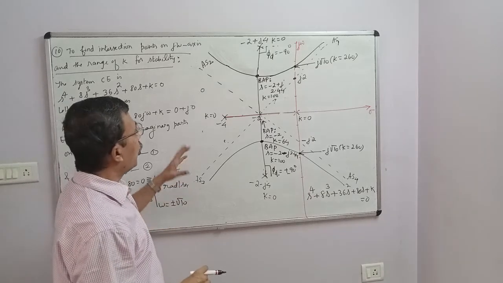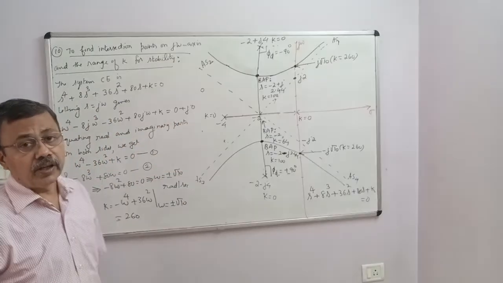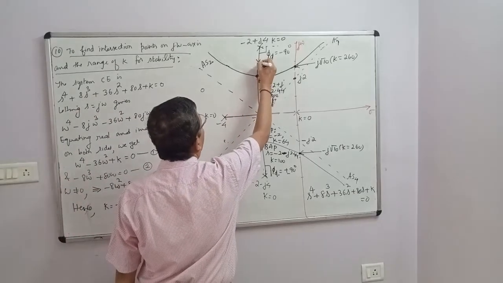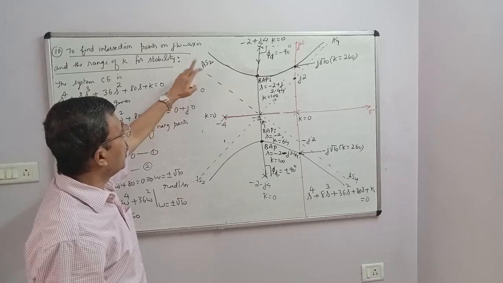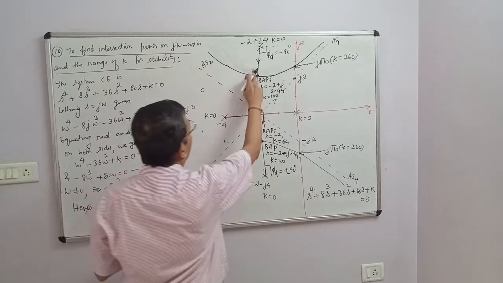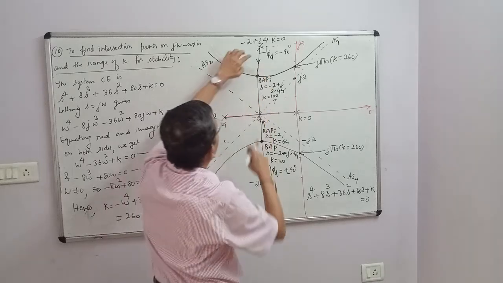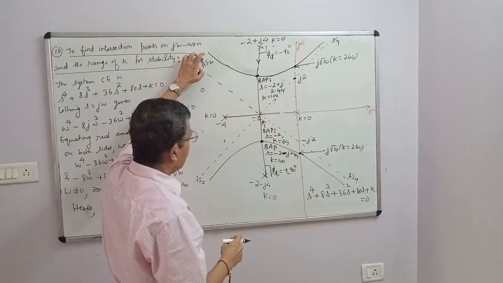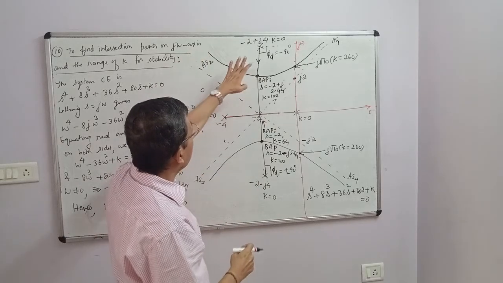There are 4 poles. All the 4 poles must go to infinity to meet the zeros. This pole can select either asymptote 1 or asymptote 2. By symmetry, first I will finish this pole.